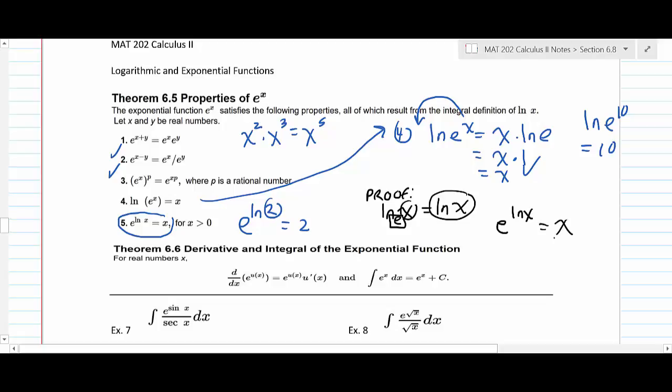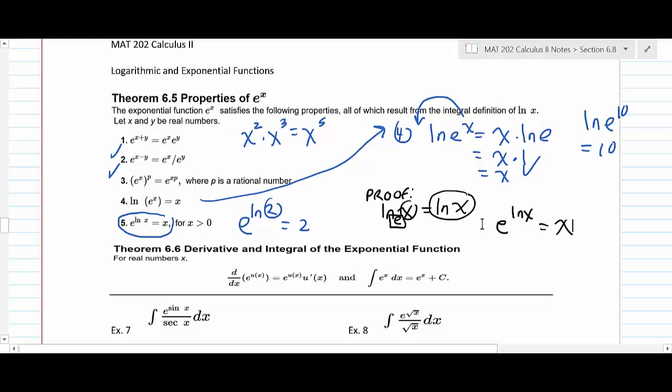That's where that comes from. You are taking this expression and changing it to exponential form. So it's e to this power equals x. Does that make any sense? Sometimes students get that, sometimes they don't. That's where that property comes from. It's just taking that and rewriting it in exponential form like you learned when you were doing logarithms.